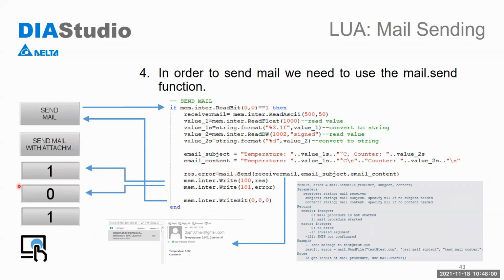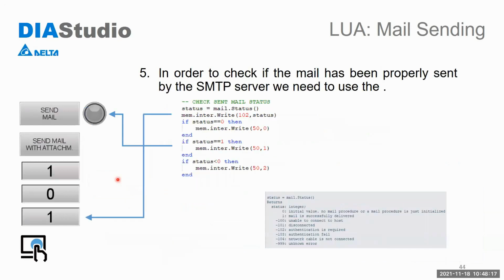Remember, this will be 0, meaning no error. And if I see a negative value, it means that I have a problem sending the mail to the server. And last, in order to be sure that the mail has been sent properly, I need to wait for number 1 appearing here on the last of these numerical displays.